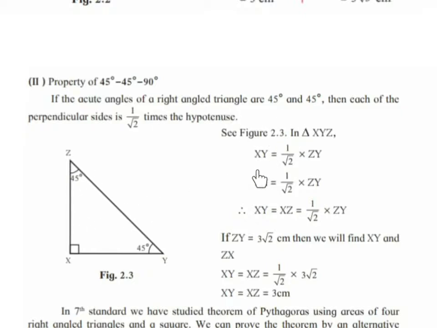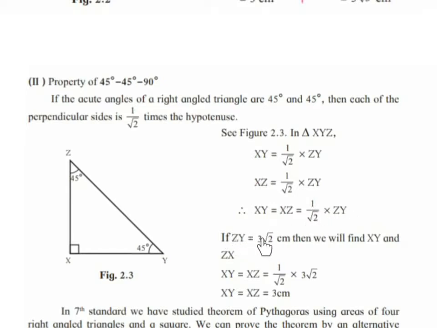By this property, XY is equal to 1 upon root 2 into ZY, which is the hypotenuse of this triangle, and also side XZ is equal to 1 upon root 2 into ZY. So XY is equal to XZ, which equals 1 upon root 2 into ZY.